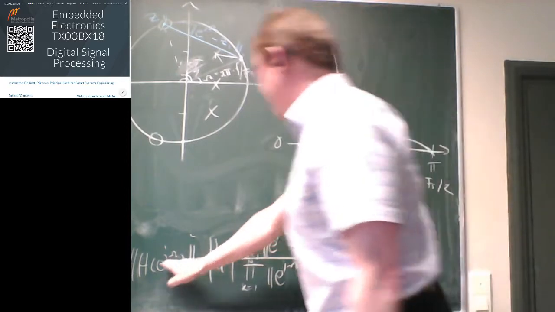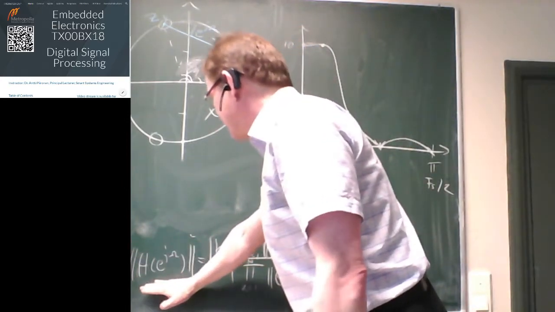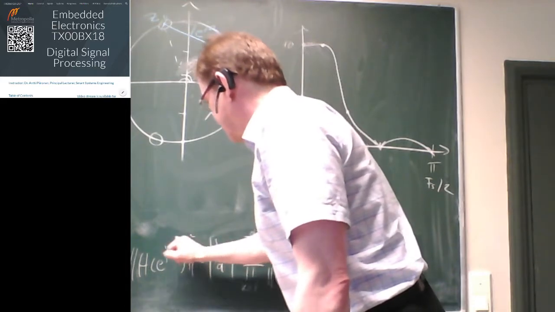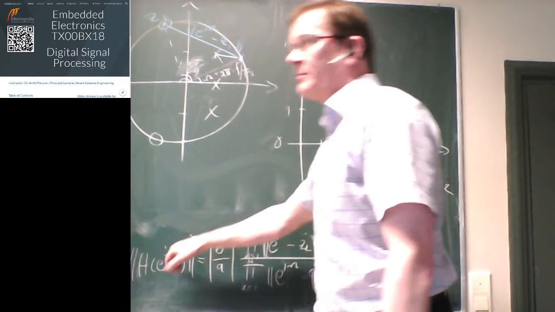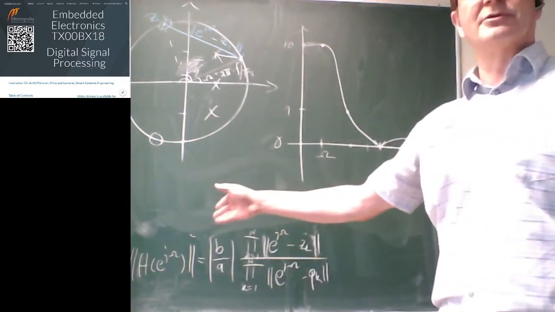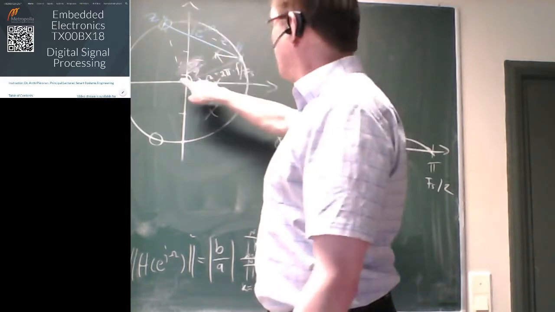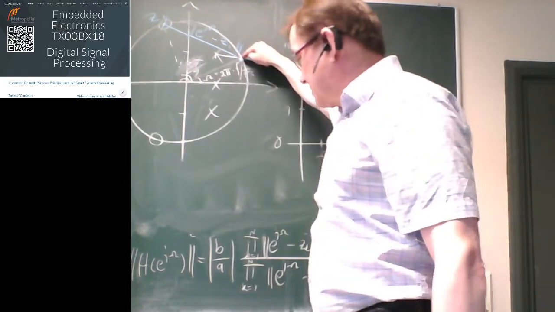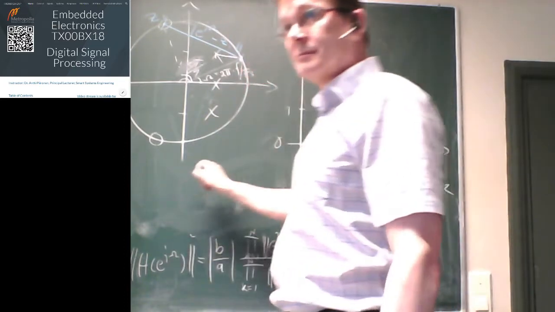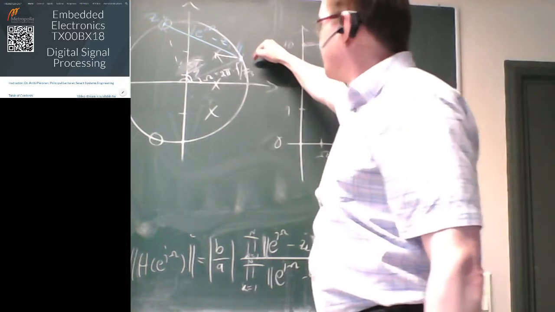The frequency response is something that you get when you put, instead of z, e to j omega. You evaluate that complex rational polynomial on the unit circle. E to j omega is actually a point in here at angle omega, and omega is directly proportional to our physical frequency.